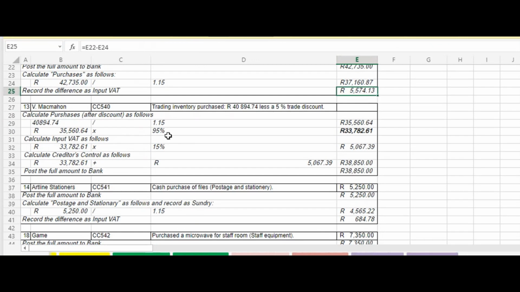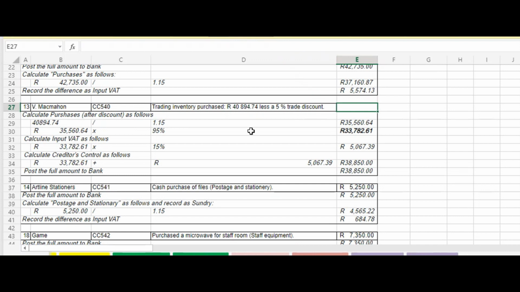Now this one, you see here is something different, because in our given info we were not given an amount here. I think what you have in your given info is in fact a question mark. So it says to us that what happened is we purchased trading inventory at an amount of 40,894 rand, but then we got a 5% trade discount.